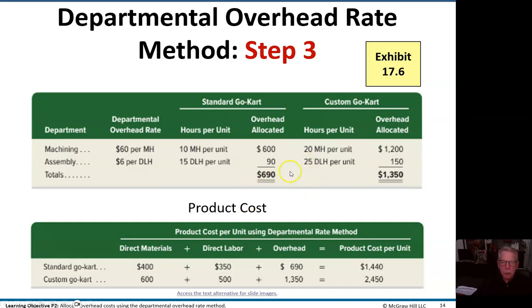Whereas with the assembly, we're going to have $90. That's $6 per direct labor hour and 15 direct labor hours.